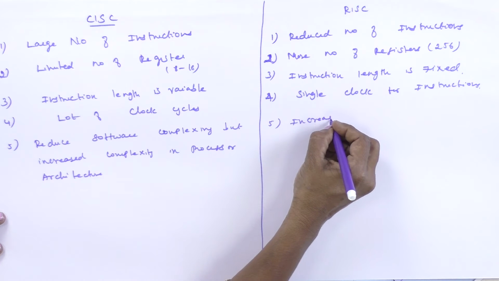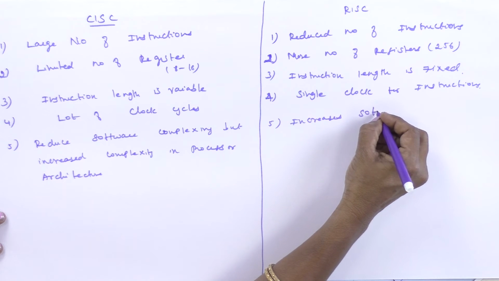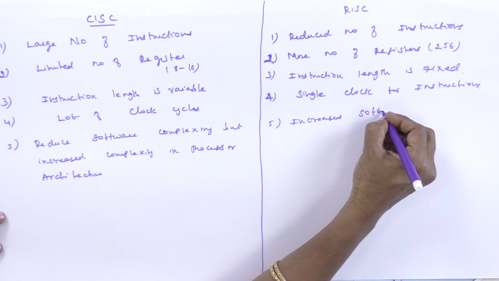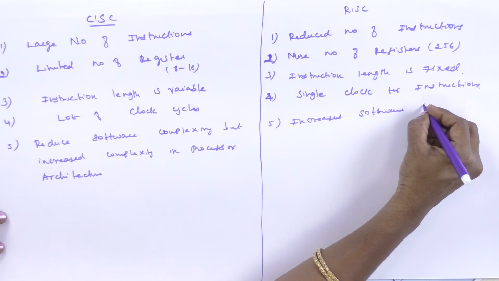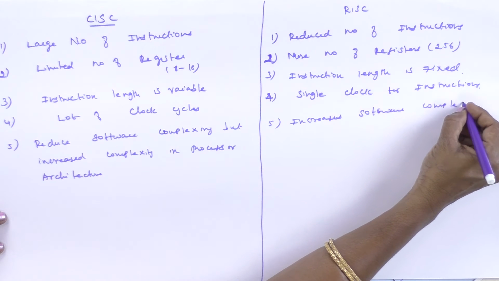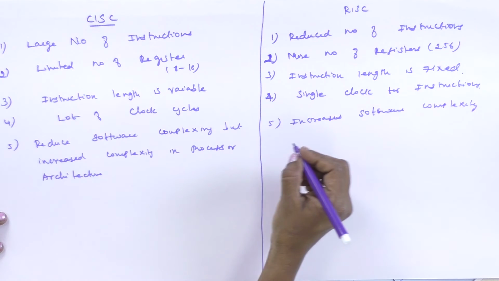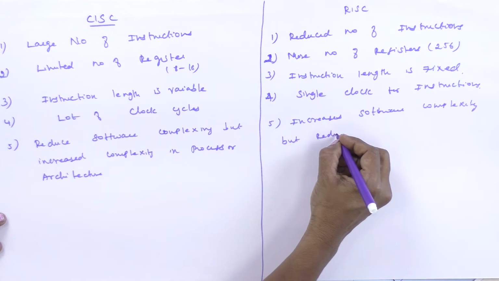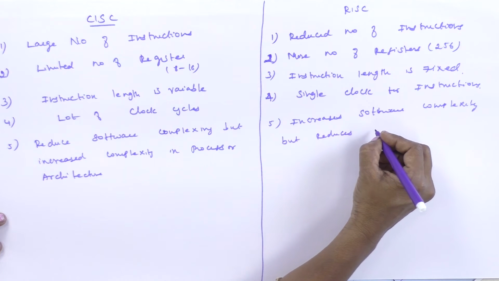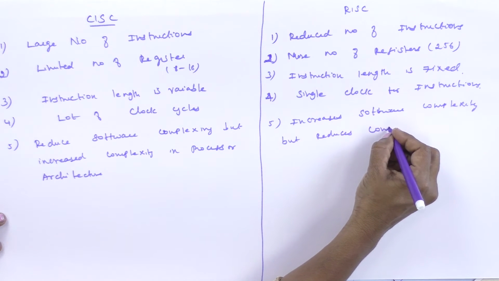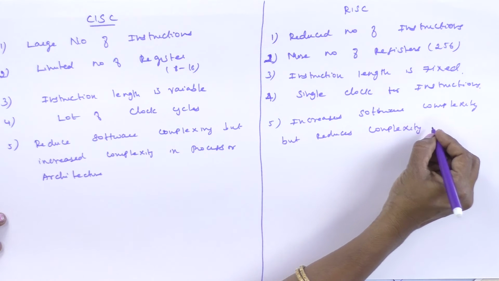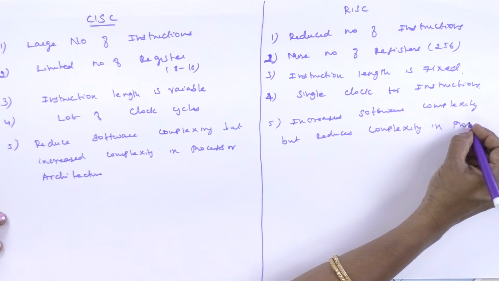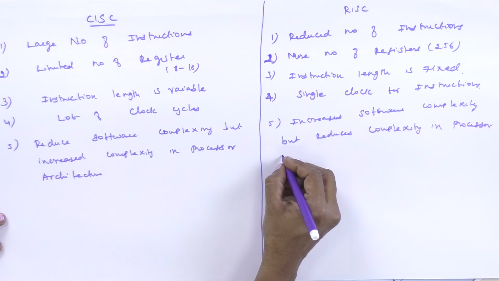CISC increases software complexity but reduces complexity in the processor architecture.